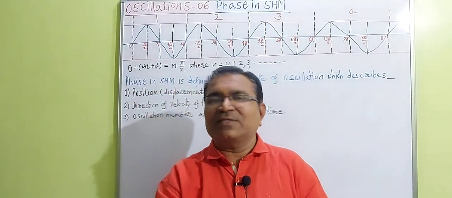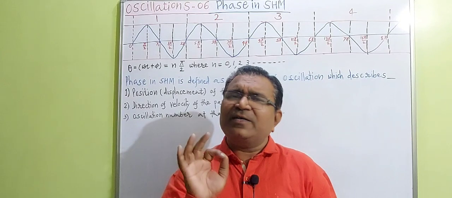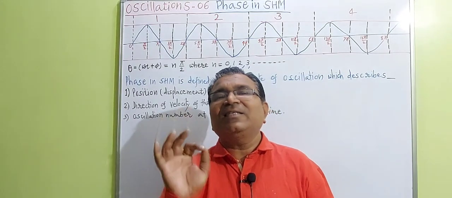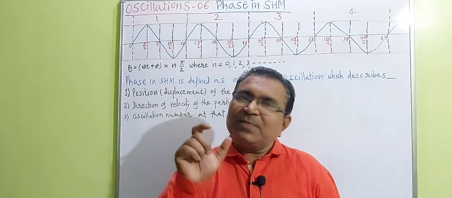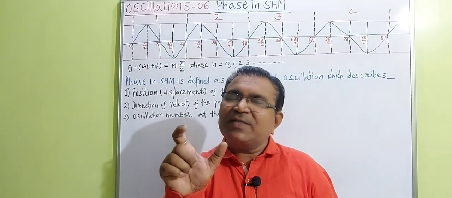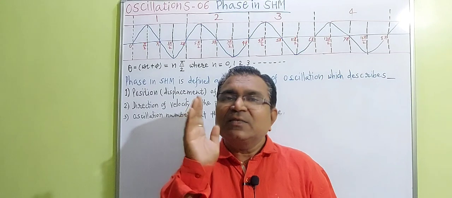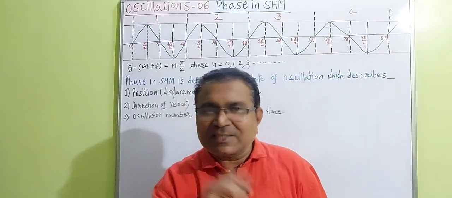Remember well dear students, only phi is called the initial phase angle, while omega t plus phi, this total phase angle, we call the phase in SHM.